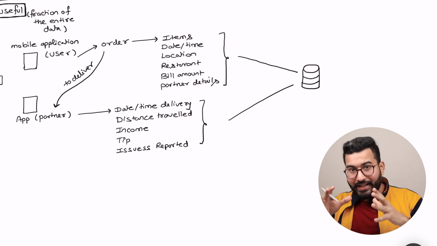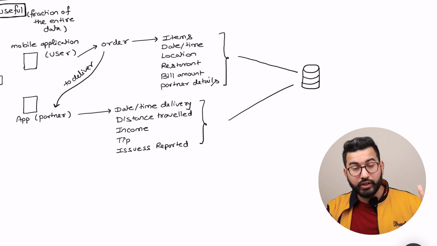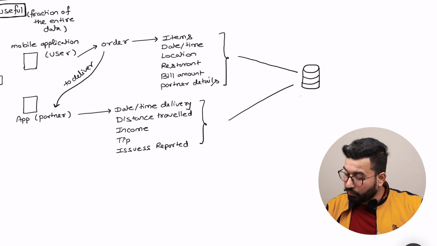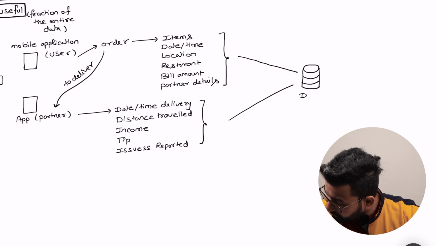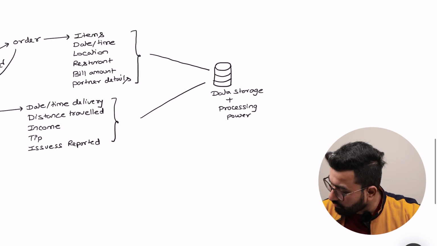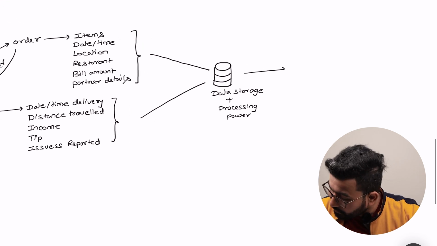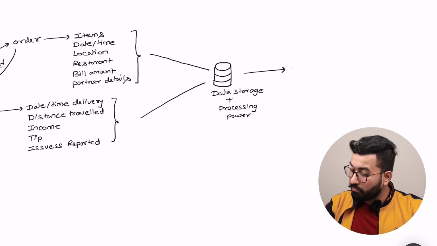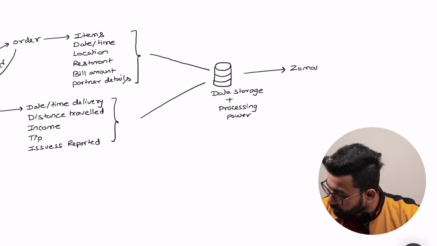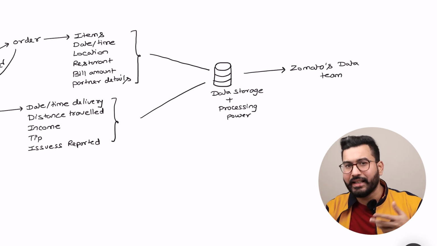So this is centrally located huge data storage which comes with both data storage plus processing power. And now this particular data can be used by Zomato's data team to make any decision.